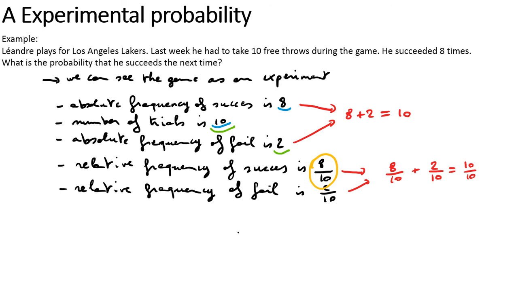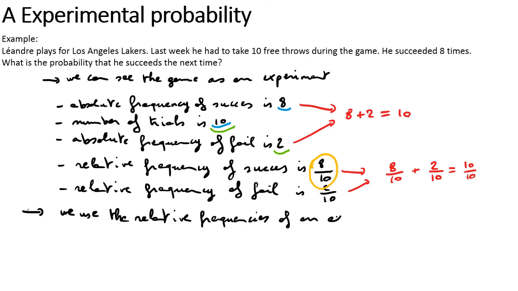So let's write that down. We use the relative frequencies of an experiment to estimate the probabilities of the corresponding event.